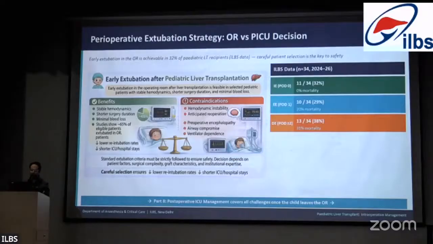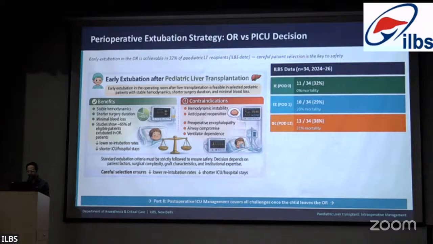Decision depends upon the patient factors, how the surgery went, how the graft is, and the institutional expertise. Careful selection of on-table extubation lowers reintubation rates and shortens ICU stay. Contraindications for extubation are large volume of transfusions given, hemodynamic instability, and anticipated reoperation.